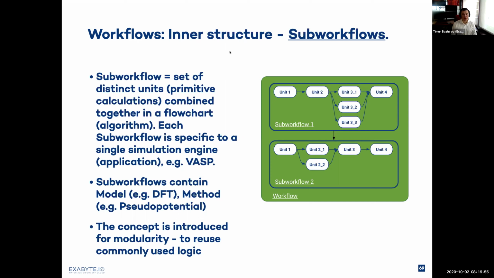The data structure of the workflow contains two subcomponents, a sub-workflow, and inside the sub-workflow, one or multiple units. Sub-workflows we on purpose limit to a single application and a single model and method that realizes this model. So a model could be density functional theory, and a method could be a set potential.